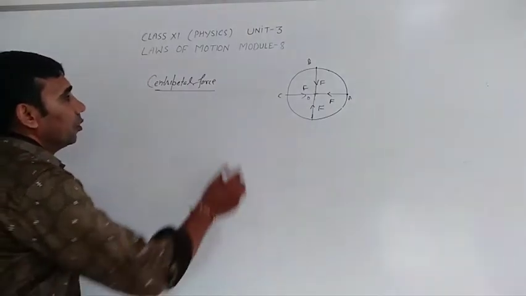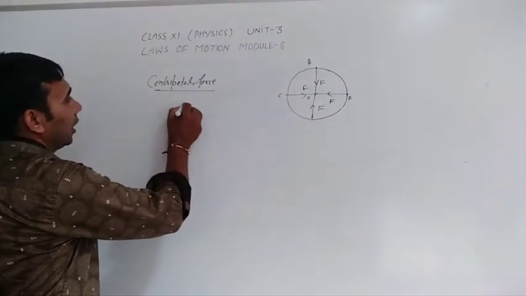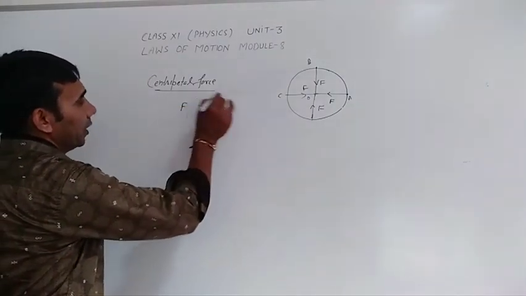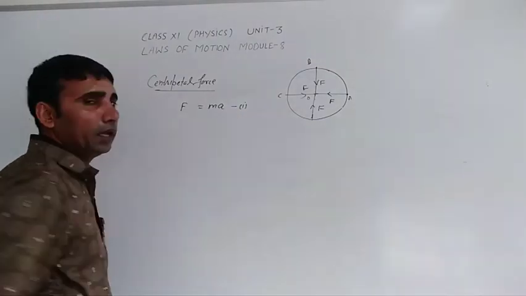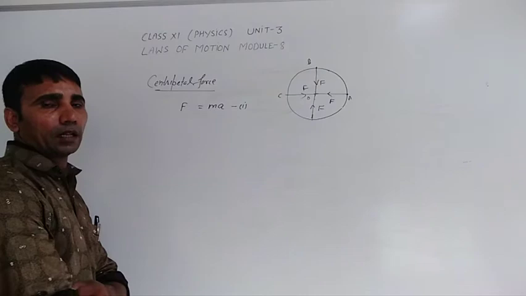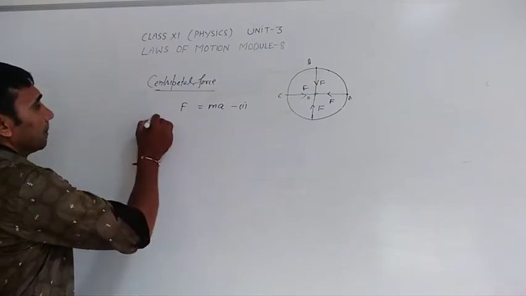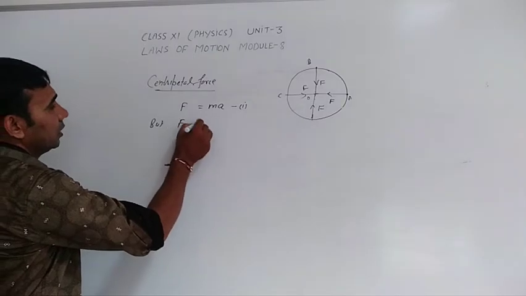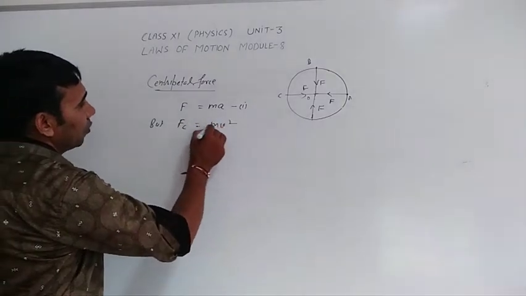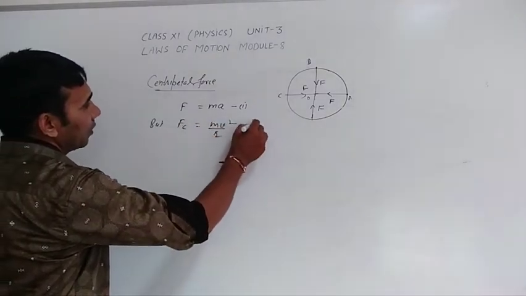Now the force applied on the body, F equals m into a, from Newton's second law. But the centripetal force Fc equals m v square divided by r.